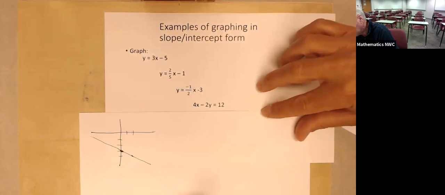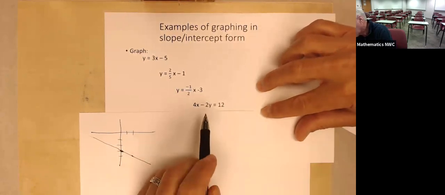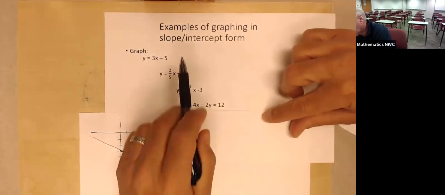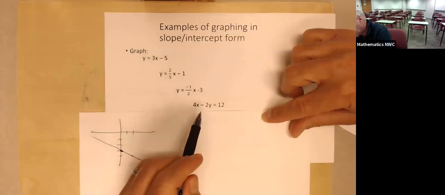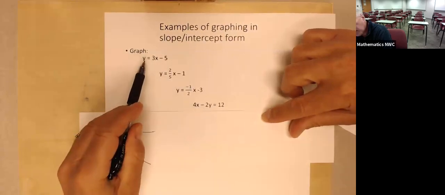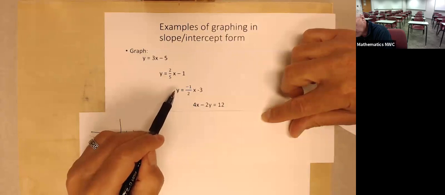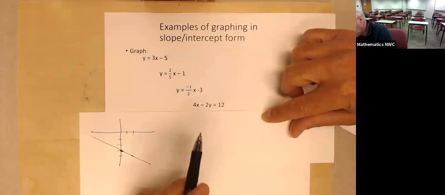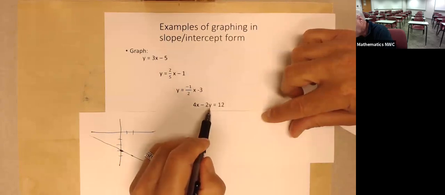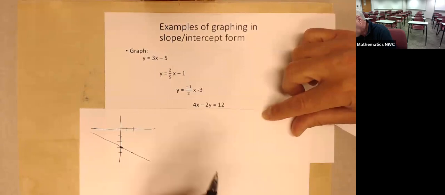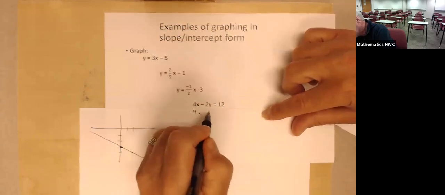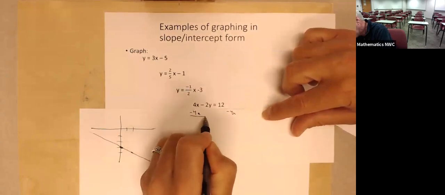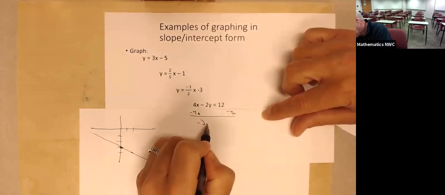This one here, there's an important thing that I must do first. Remember, slope-intercept form means it was solved for y, like these first 3 were all solved for y. This one is not. So the first step is to get the y by itself. That means I would begin by subtracting 4x from both sides. That would leave me a -2y.